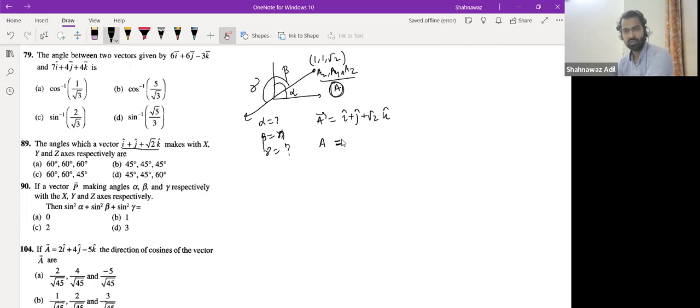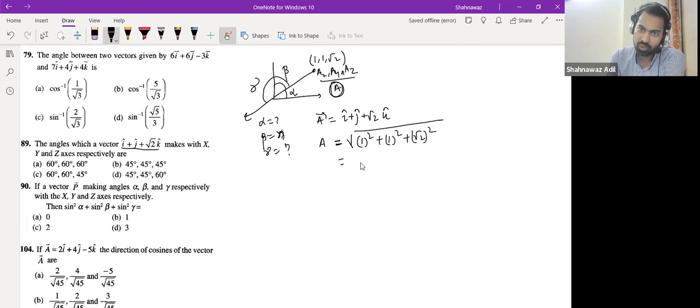What would be the magnitude? Root of 1 square plus 1 square plus root 2 square. So this would be root of 1 plus 1 plus 2, so root 4. So 2 would be the magnitude, right, guys?